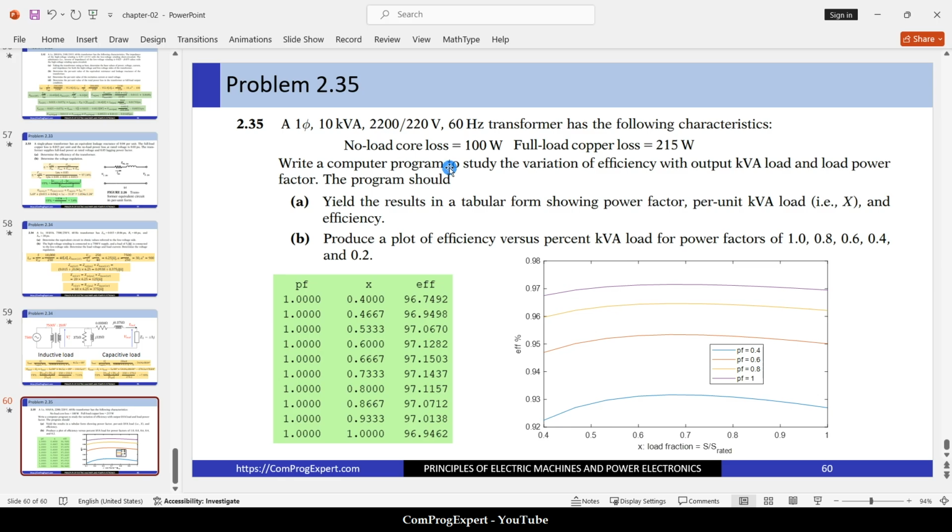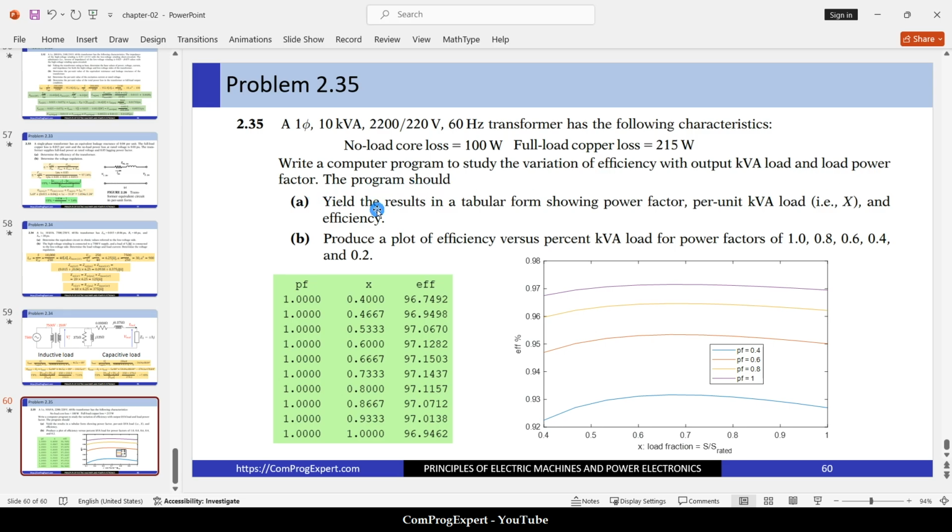No load core loss is 100 and full load copper loss is 215. Write a computer program to study the variation of efficiency with output kVA load and the power factor.